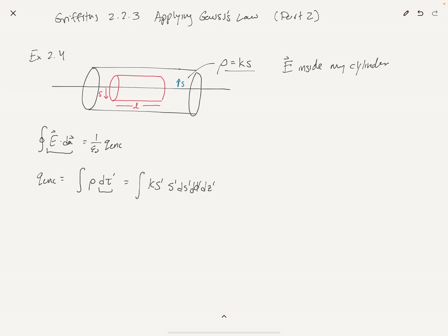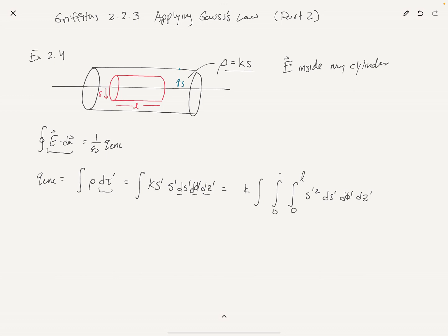So I have three integrals I need to do. That becomes k times the integral of s prime squared, ds prime, d phi prime, dz prime. The z integral is going to go from 0 to L. That's the length of my Gaussian surface.